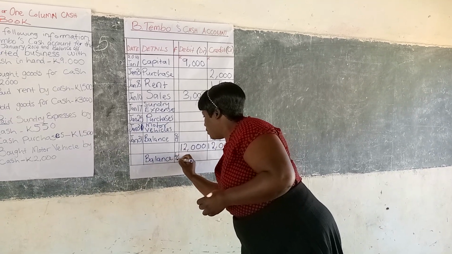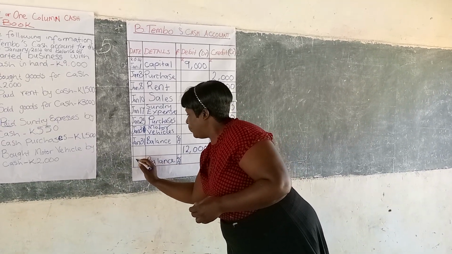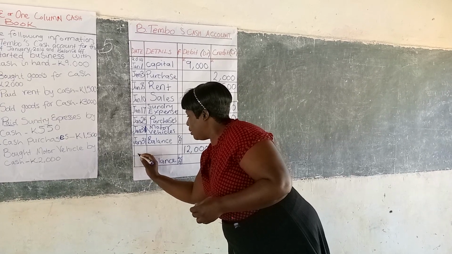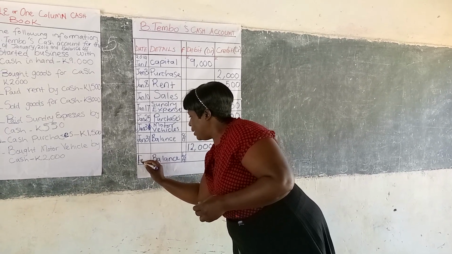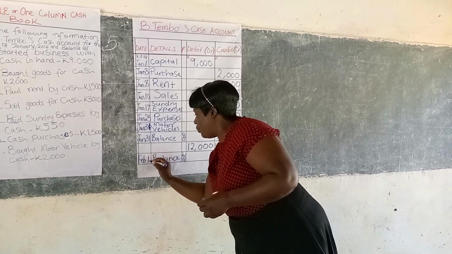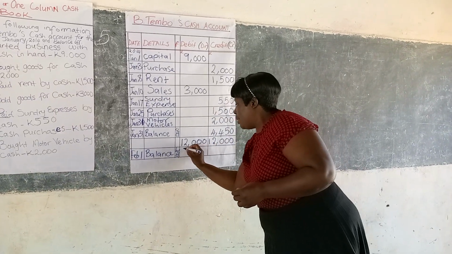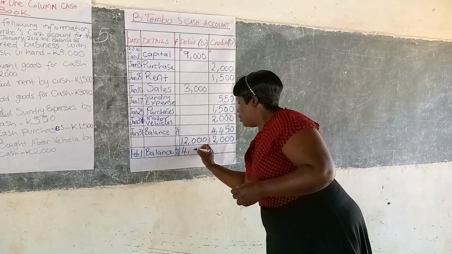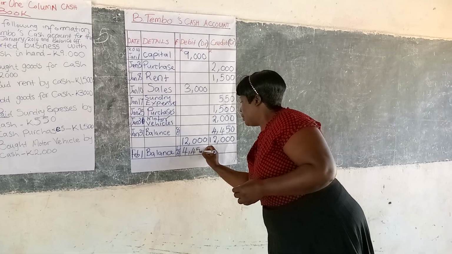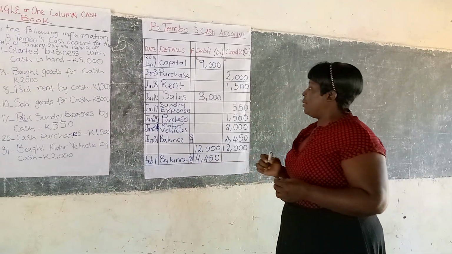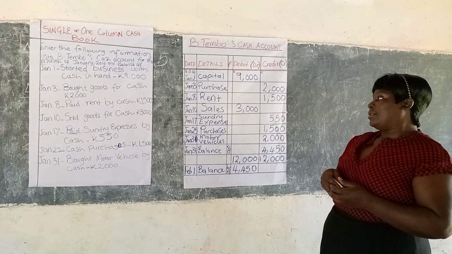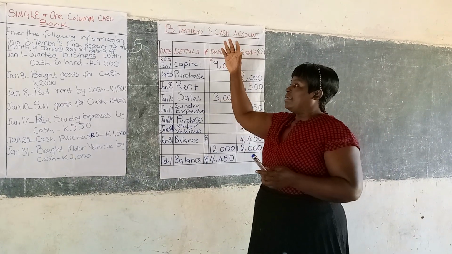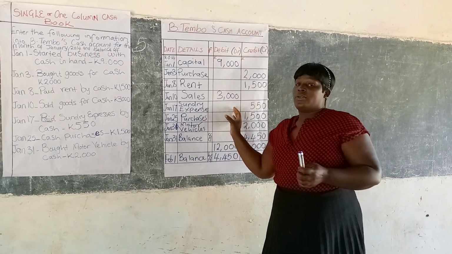Balance brought forward. Then you put the next date, February 1. This is the money that was not spent, that remained in the business. So this is done. This is how we record the single column cash book.